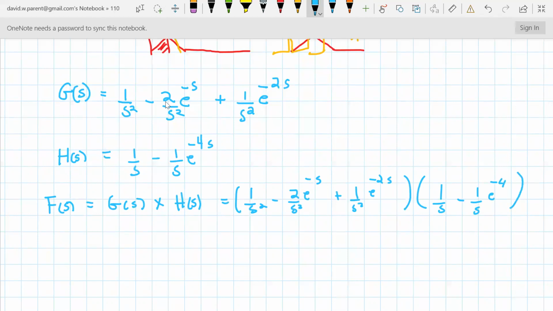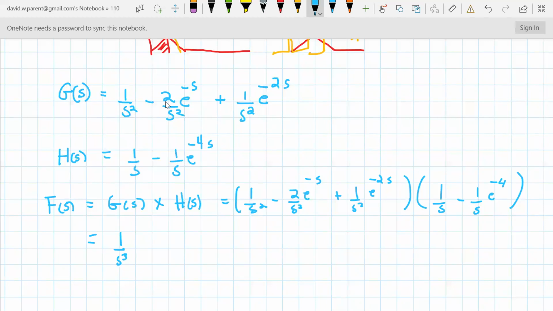So remember I said there should be 6 things, so there should be 6 times, but this times this has a different delay than the others, but this delay is still the same thing. It's like e to the 0, right? So I get 1 over s cubed.